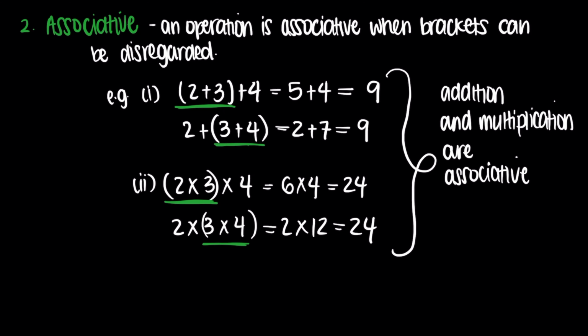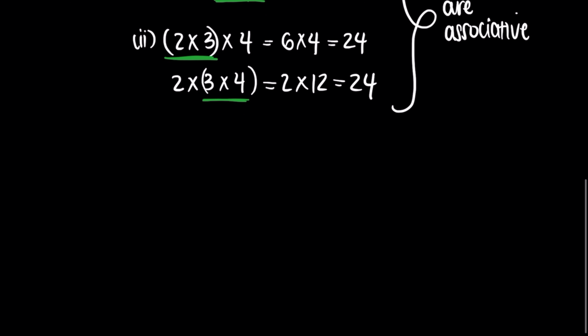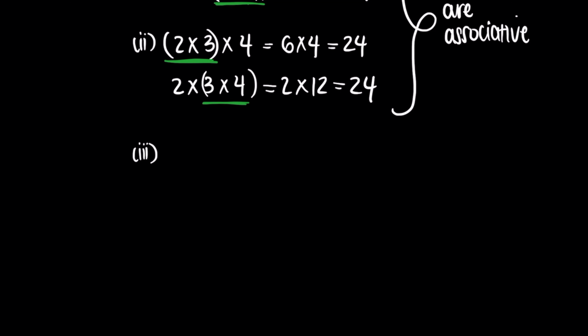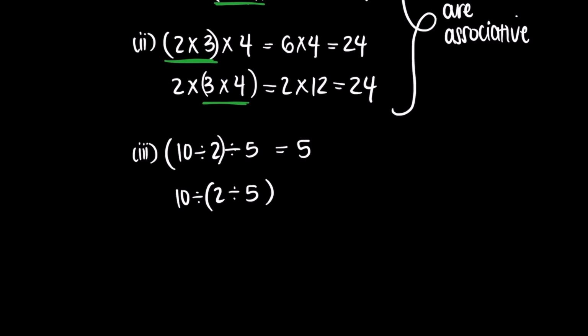That being said, let's look at how division and subtraction work under associativity. So for example, we have open bracket, 10 divided by 2, close bracket, divided by 5, and 10 divided by open bracket, 2 divided by 5, close bracket. So brackets first, 10 divided by 2 is 5, and 5 divided by 5 is 1.